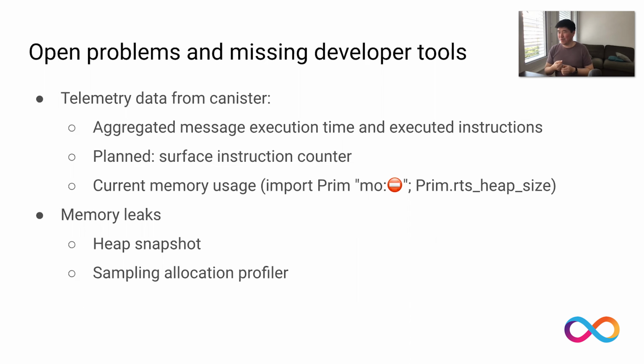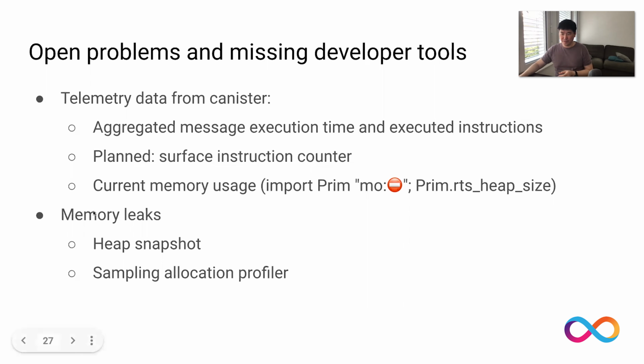So if you import this module, then you will get the heap counters, and so you can query the heap counter from your canister. And if you then additionally provide an endpoint to query that from the canister, you should be able to get the current memory usage from Motoko. But it would be nice if you had a solution that works for all languages here.